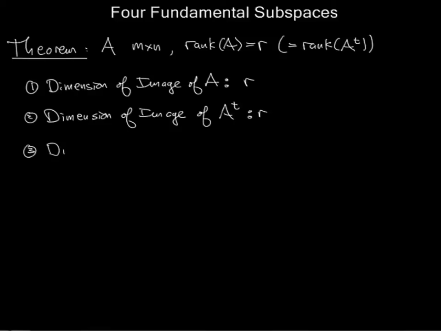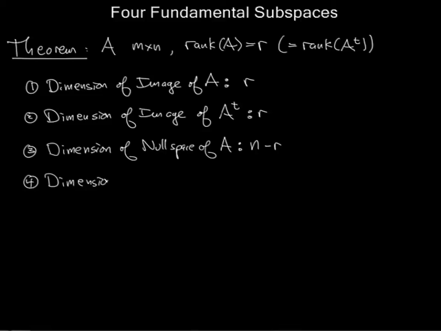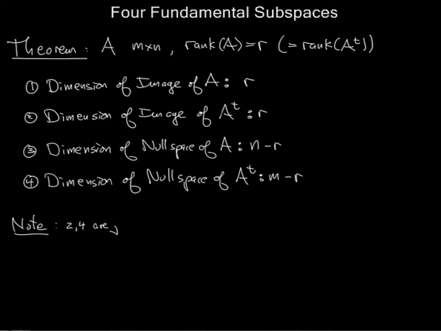And next, the dimension of the null space of A, well, we've seen that's n minus r. And just flipping the thing around, we see that the dimension of the null space of A transpose is m minus r. And let me reiterate that there are really only two facts here, 1 and 3, and 2 and 4 are just facts 1 and 3 applied to A transpose.